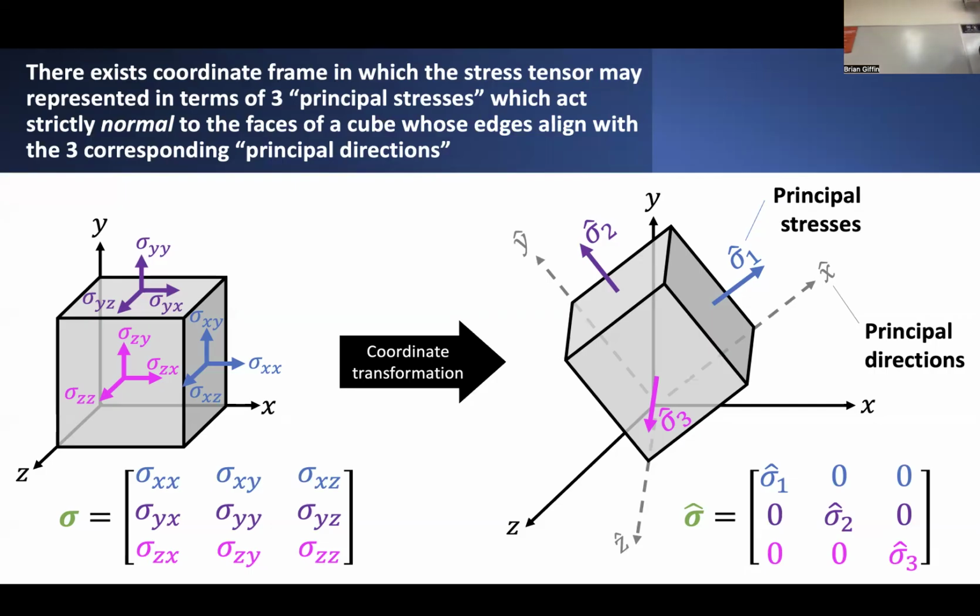And looking at the same exact state of stress, just defined relative to this new rotated coordinate system, it happens that for any possible state of stress that I could choose to define, regardless of how I've chosen these different components of the stress tensor and regardless of how I've defined the loads, for any such possible stress tensor, there is always some coordinate system which I can choose to rotate my description of the stress tensor into, which actually results in a state of stress that has components that act strictly normal to the faces of this rotated cube.